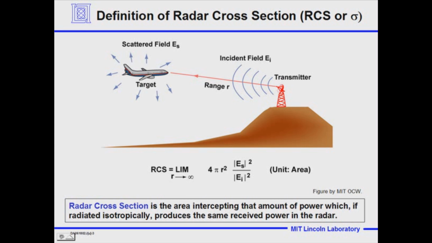Now, what we'd like to do is to characterize how that target reflects the energy to the radar by characterizing it as an effective area. And the definition I gave earlier is a nice broad definition that is a good one if you have a background that's, say, in history or liberal arts or the law or political science, and you're not a scientist or an engineer.